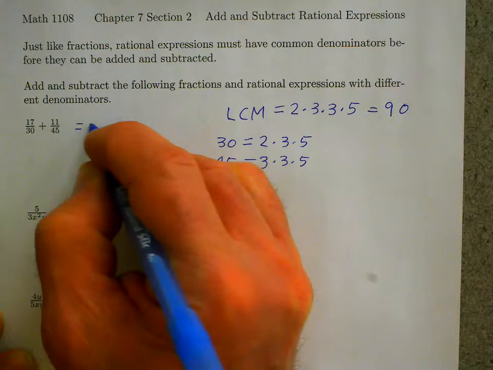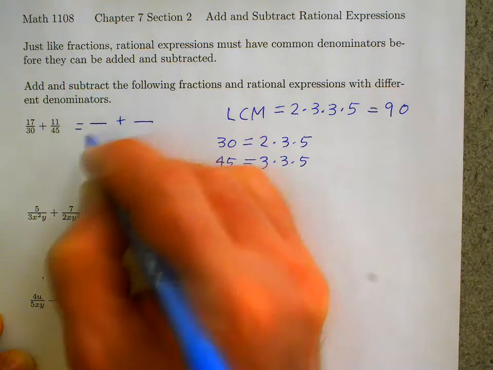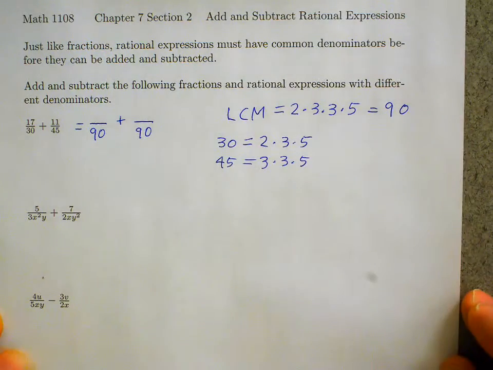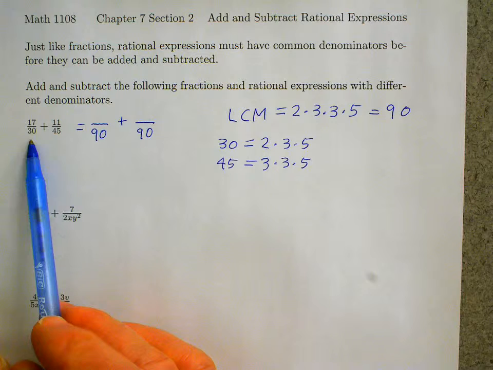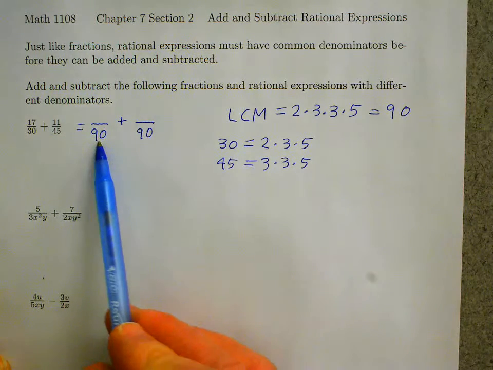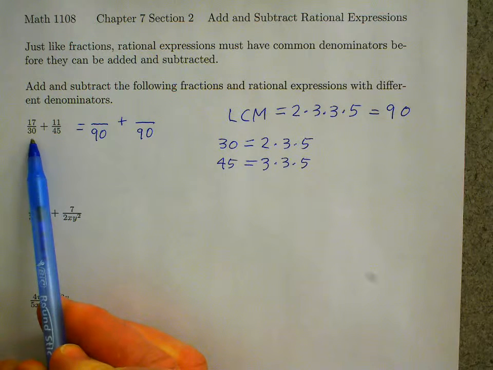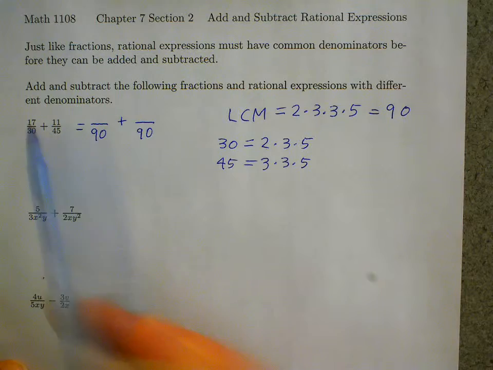So we change the fractions to their equivalent fractions with denominators of 90. To convert 17 over 30 to a fraction with a denominator of 90, we have to multiply the numerator by 3, because 3 times 30 is 90. So 3 times 17 is 51.